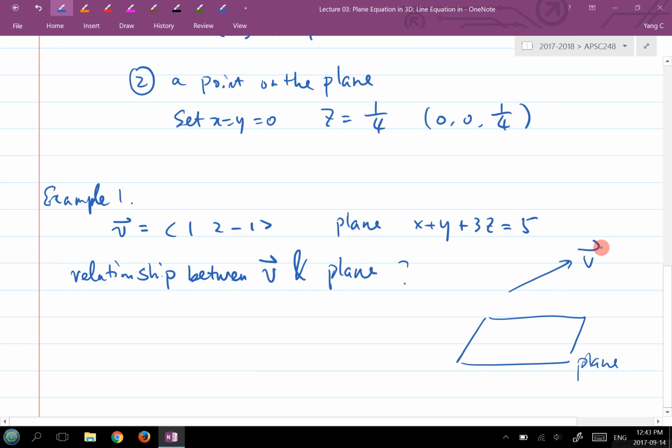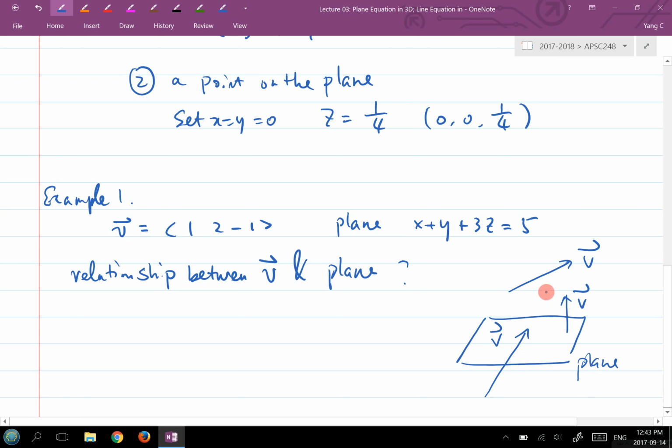Or the vector could be perpendicular, so that's the perpendicular relationship. Or it could be at certain angles between the vector and the plane. So those are the three different scenarios.